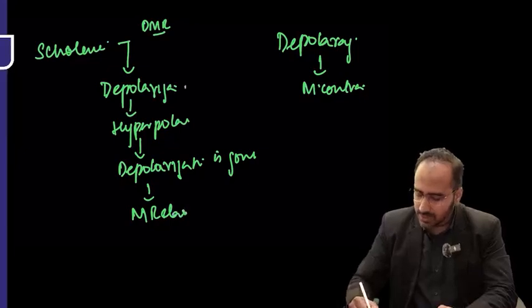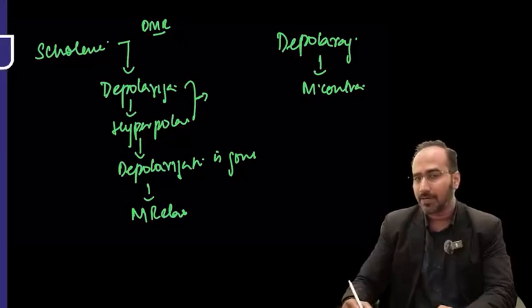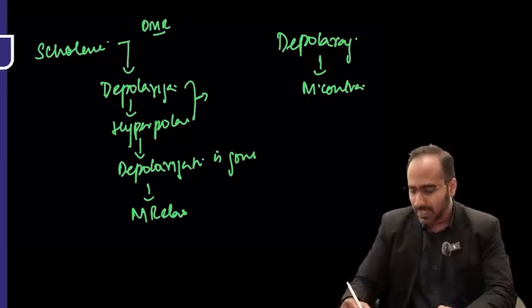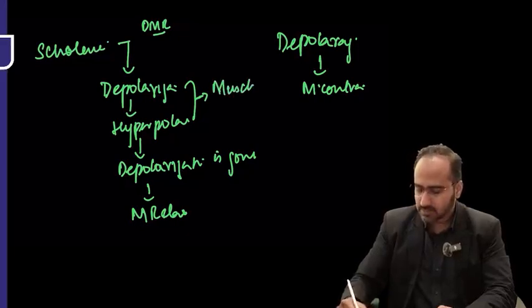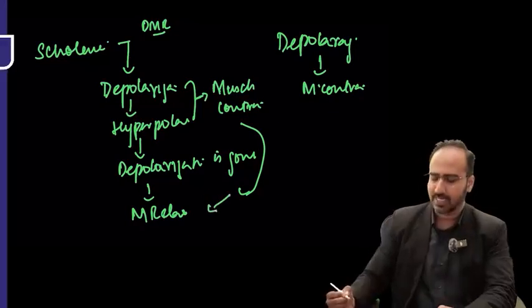So initially, in 10 to 15 seconds, the muscles of the patient will contract. And then slowly, as depolarization is gone, the muscles will relax.